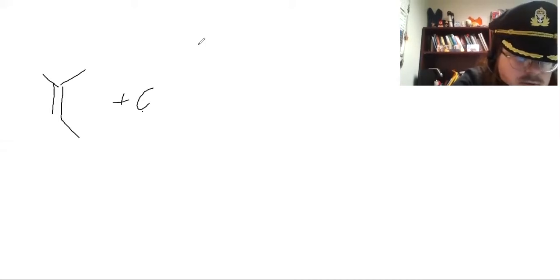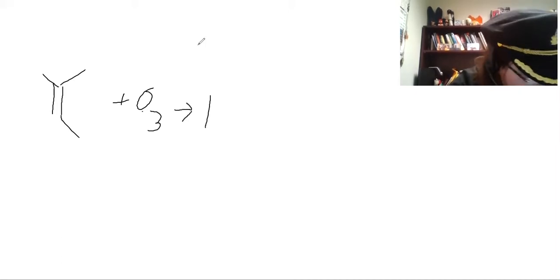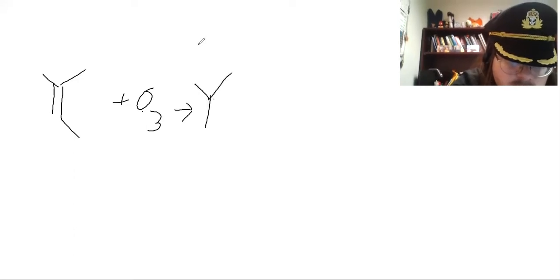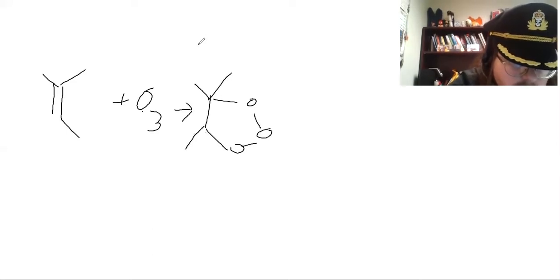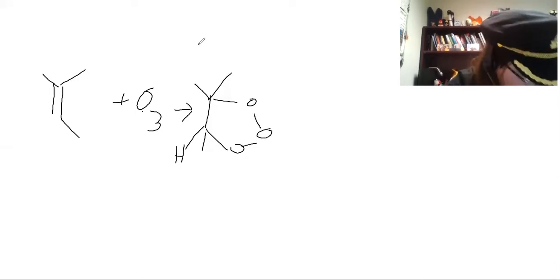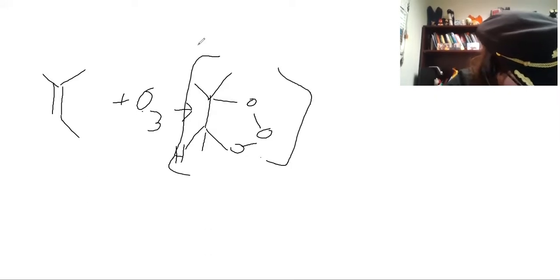We add ozone, and then what actually happens is we form this intermediate, as you'll see, which is not particularly stable. It's easily oxidizable off. The intermediate is going to be cleaved off.